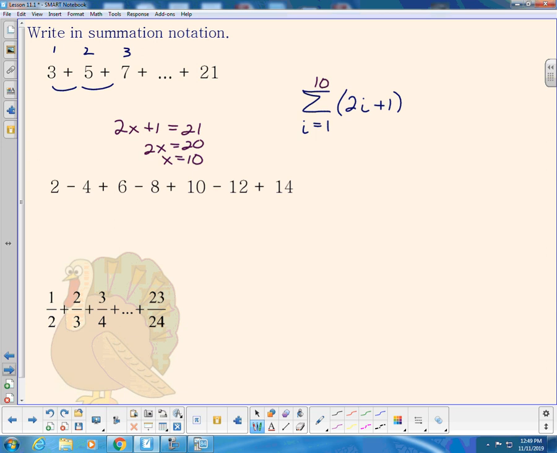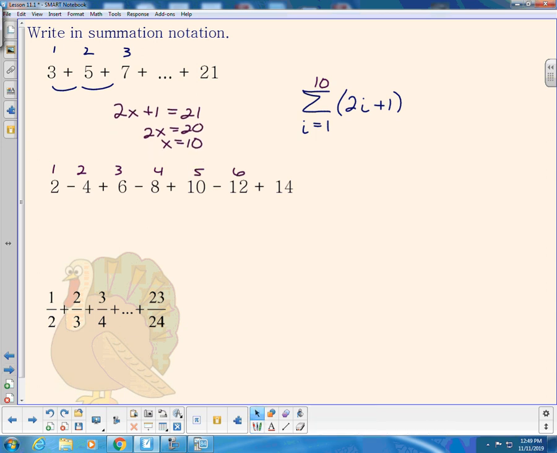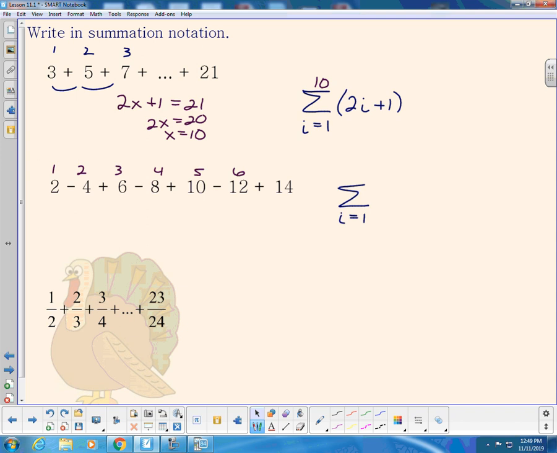Okay. What in the heck's going on here? What's your pattern? N times 2 multiplied by negative 1 raised to the n plus 1 pattern, right?